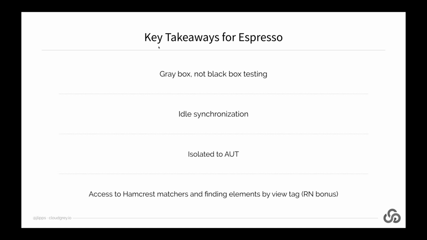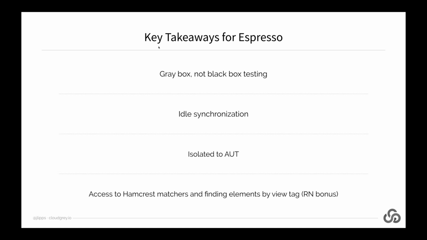What Espresso does is it actually detects when the application is in the middle of doing something so that it knows that the application isn't quite ready for user interaction. So if you send in a command to Espresso while it's waiting, it just keeps that command and doesn't execute it until it's actually ready.